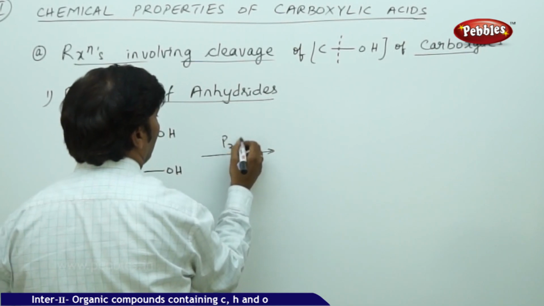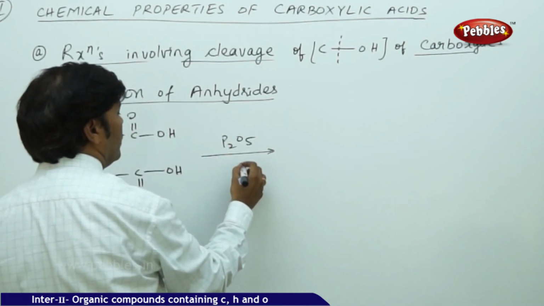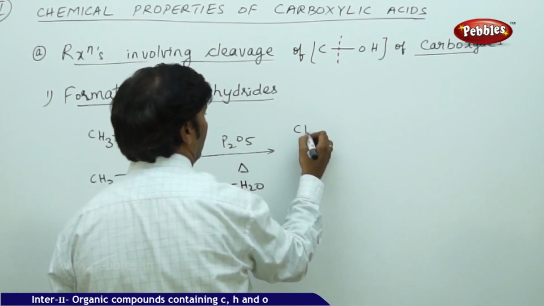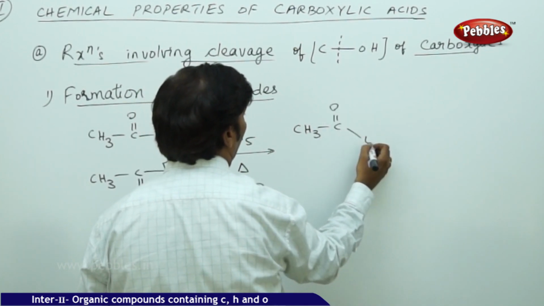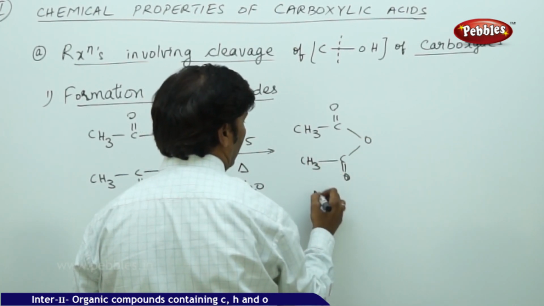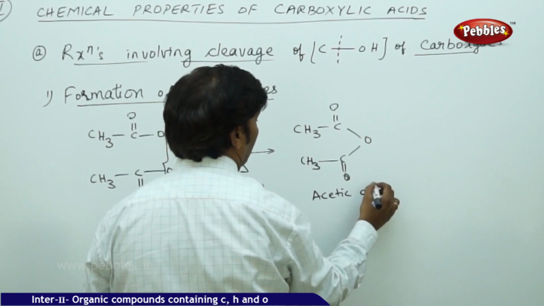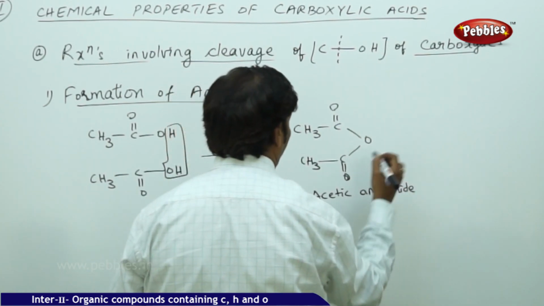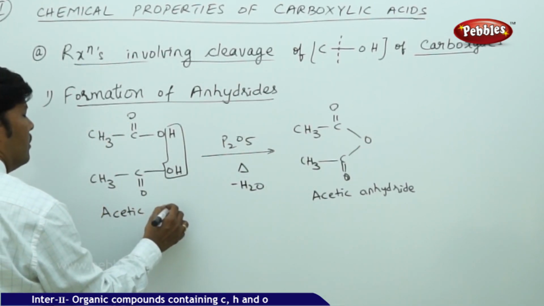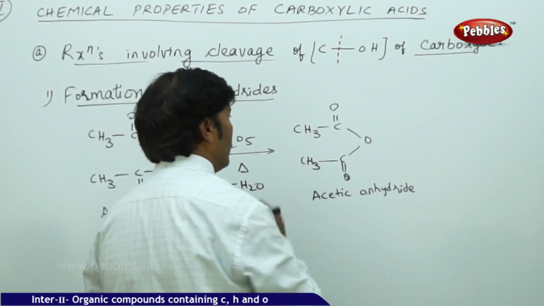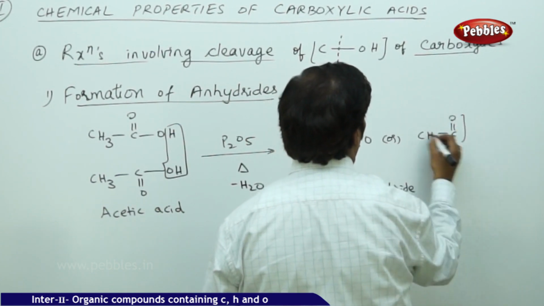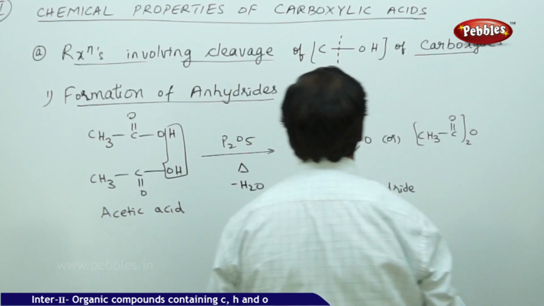Take P2O5 as a dehydrating agent and heat it. One molecule of water is lost, and you get CH3 single bond, carbon double bond oxygen, again oxygen. You can simply write this as (CH3CO)2O.